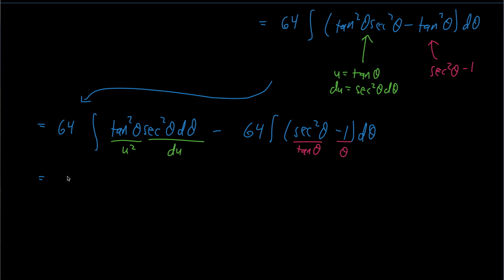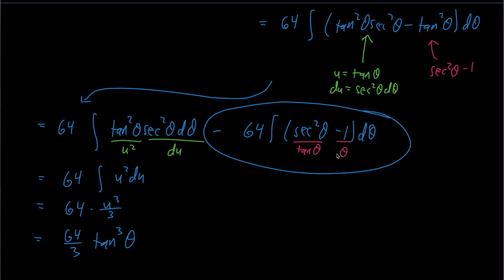So on our left integral, we get 64 u squared du, which becomes 64 u cubed over 3. And then if we want to simplify this a little bit more, 64 over 3 u cubed. U is tangent, so tan cubed theta.